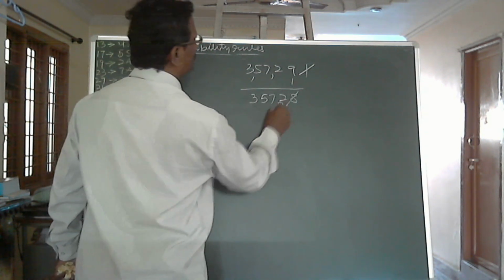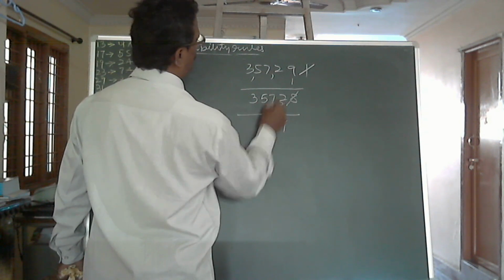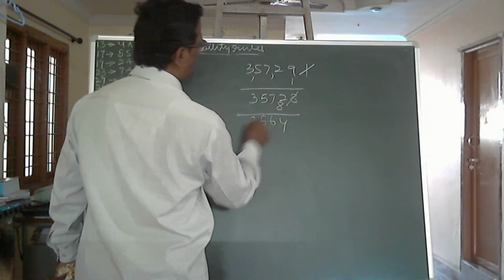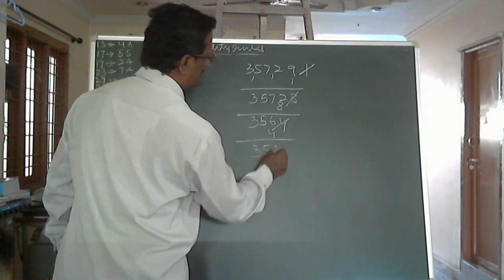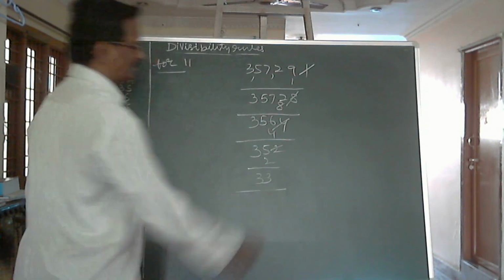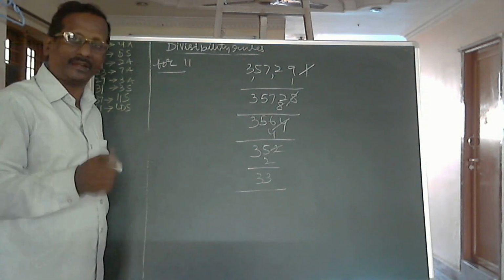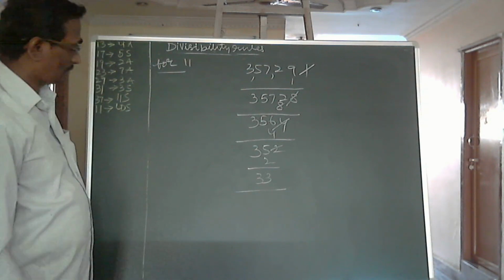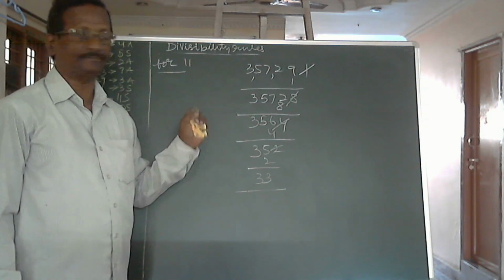Again cut this, subtract. 12 minus 8, 4, 1 already borrowed. 6, 5, 3. Cut this, subtract. 2, 5, 3. Again cut this, 2. 33. Yes, 33 is divisible by 11. Therefore, the whole number is also divisible by 11.